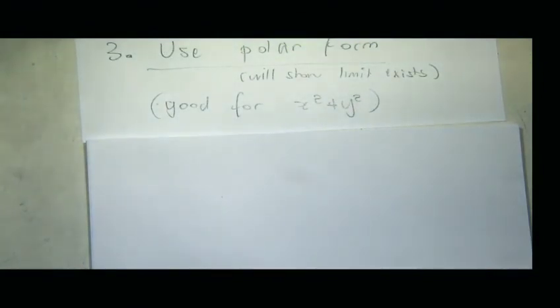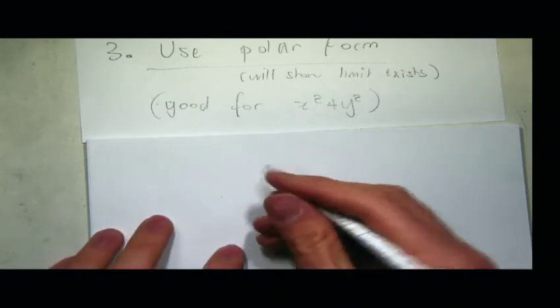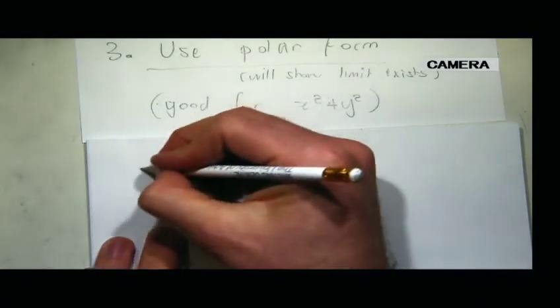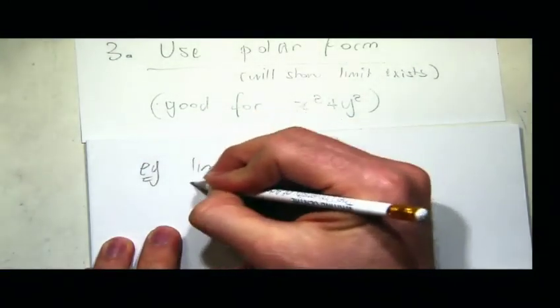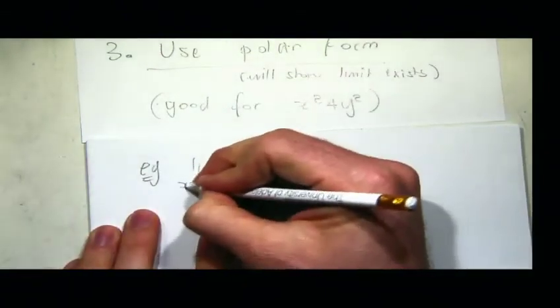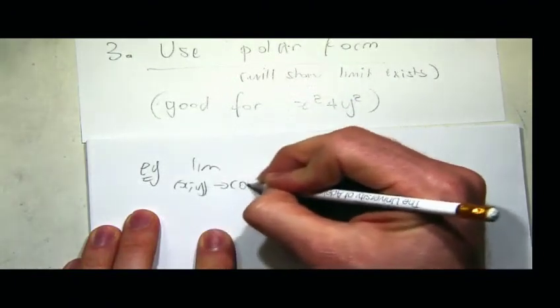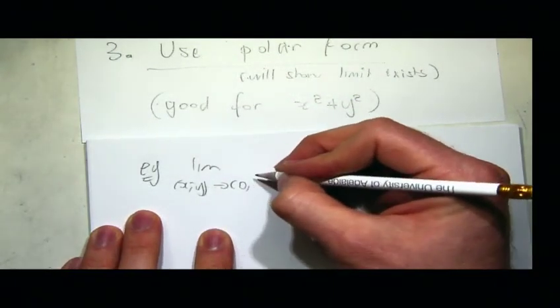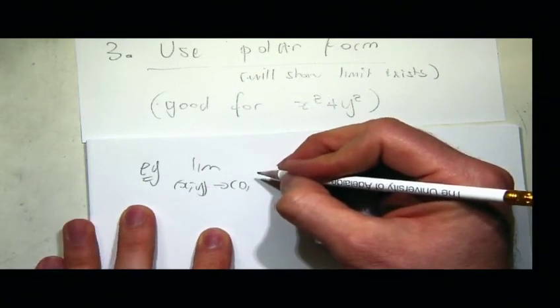So let me try that other limit that I was doing and go to polar form instead. Yes. Not x approaches y, xy approaches 0. Oh, that's not going to work either. I can't do that other limit. I just give up. Okay.